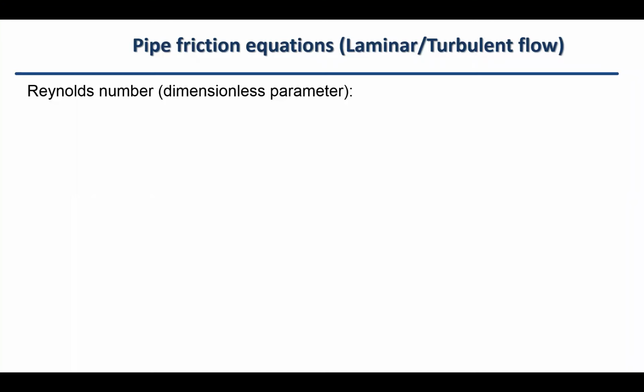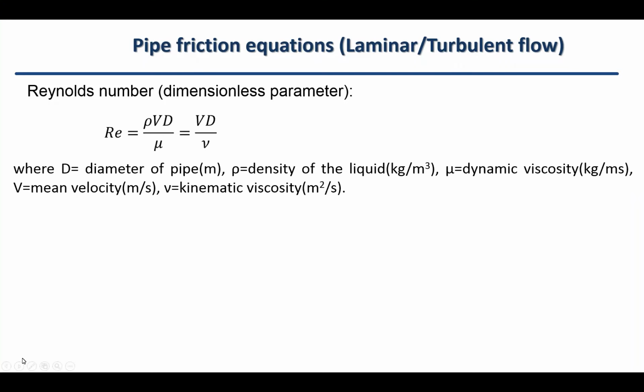To determine if the flow is turbulent or laminar, we first need to calculate the Reynolds number. The Reynolds number is a dimensionless parameter. It can be calculated as Re = rho V d over mu, or if we substitute mu over rho with nu, we can write V d over nu.